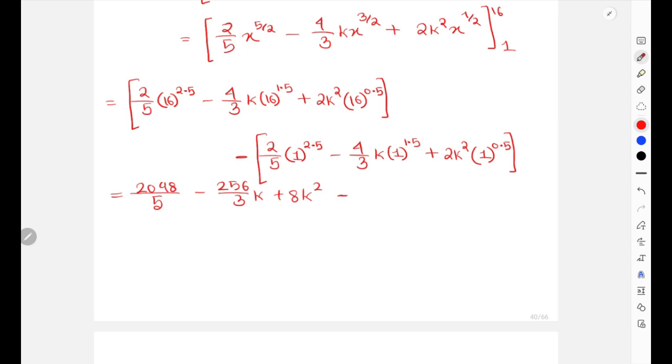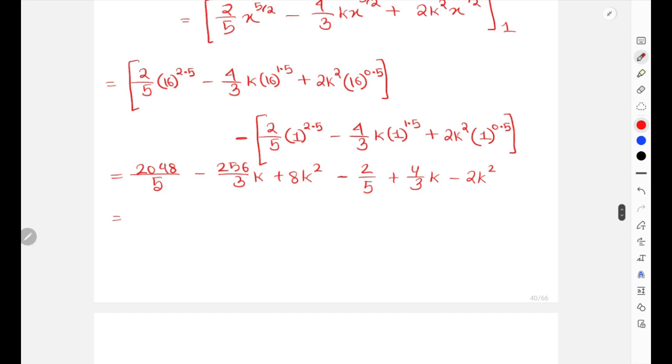So this is subtracted, the first one is just going to be 2 over 5, the second term would now be positive, so it will be plus 4 by 3k minus 2k square, and now we can clearly understand this. 8 minus 2 is going to be 6k square, 256 by 3 minus 4 by 3, so minus 256 by 3 plus 4 by 3, which is going to be 84k.